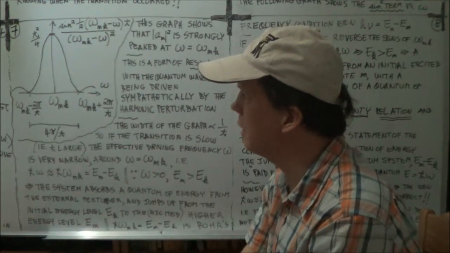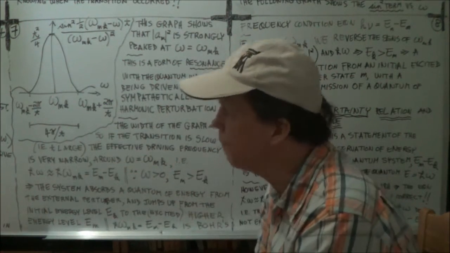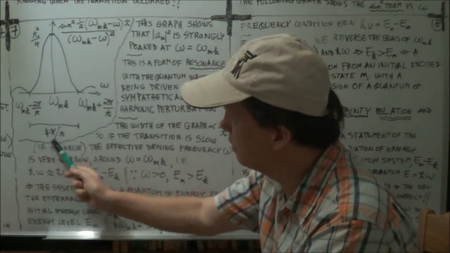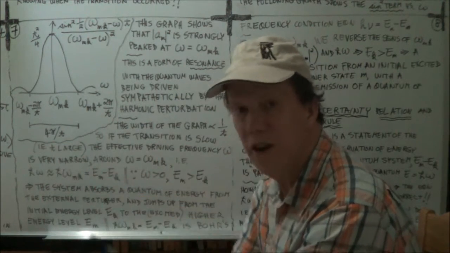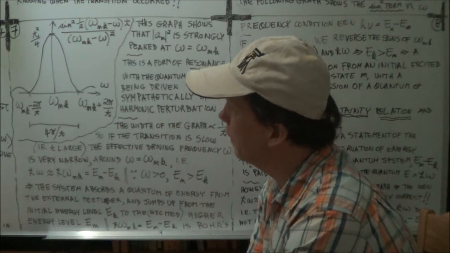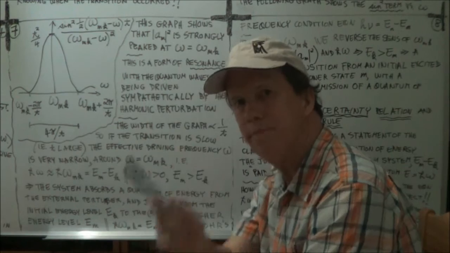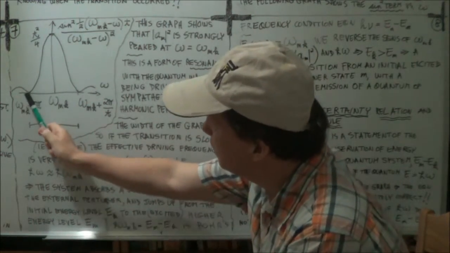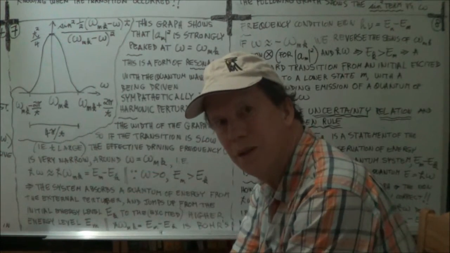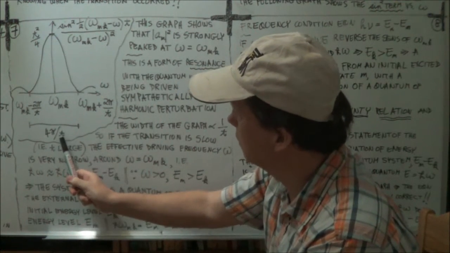It depends on t squared. And the width, or if you like the narrowness, as t gets larger, this width gets narrower and narrower, depending on t. It becomes quite a sharp peak. But this is not a delta function, as I was saying in the earlier session. The width is proportional to 1 over t.